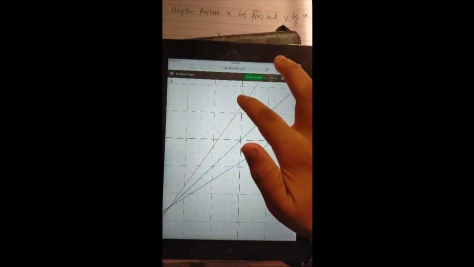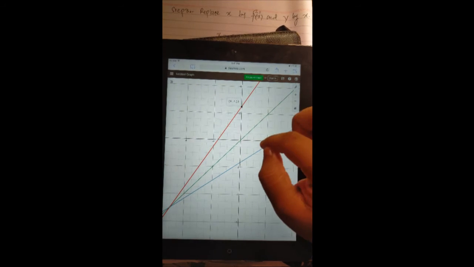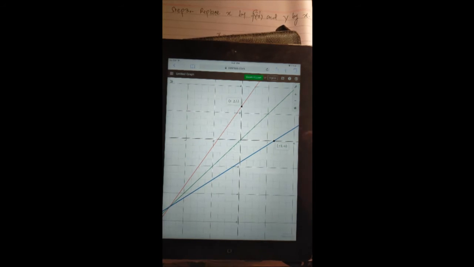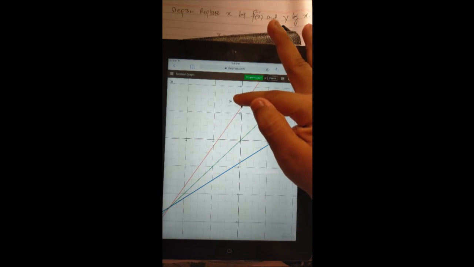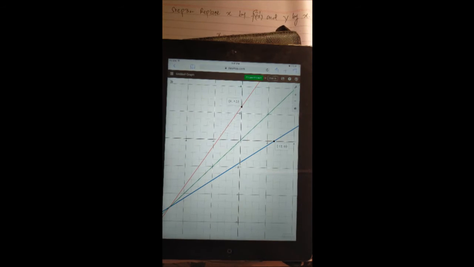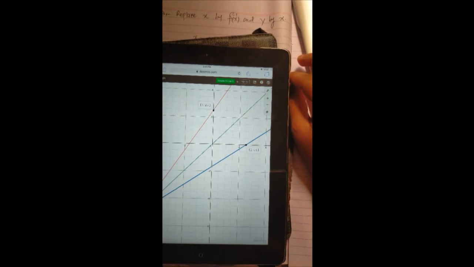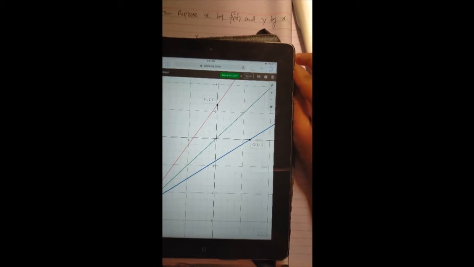One thing you need to see is that if this is the point on the f of x graph that has the coordinate (0, 2.5), when it is reflected we get (2.5, 0).